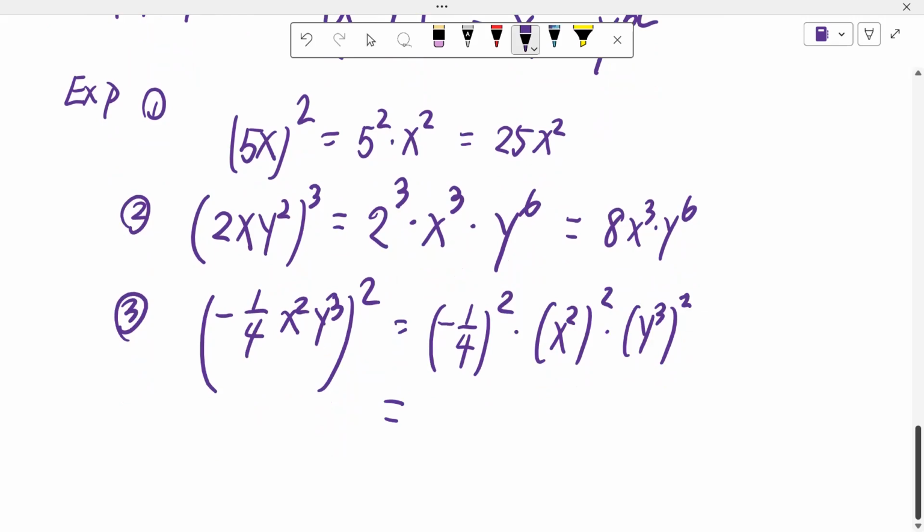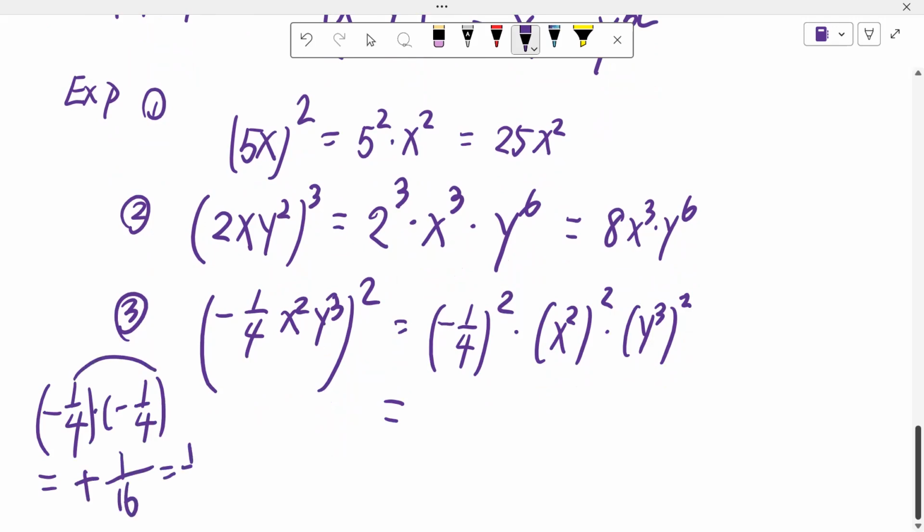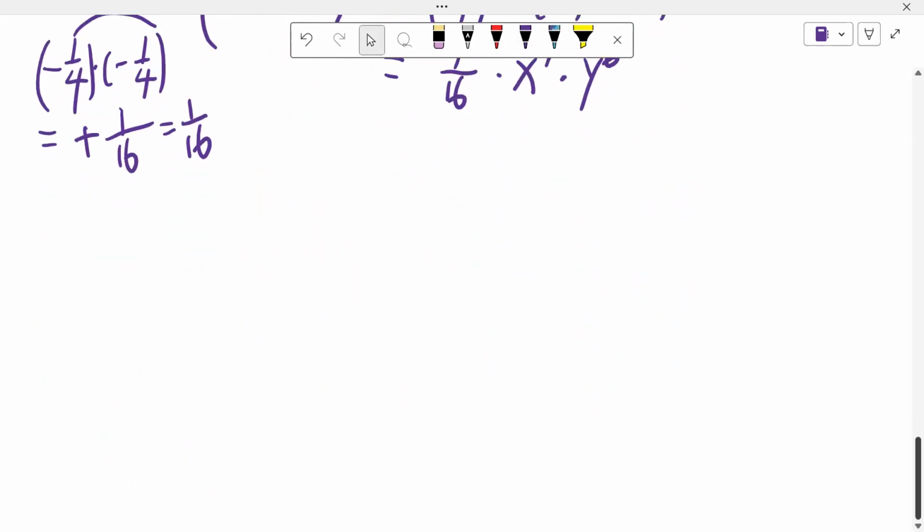And from there, we get negative quarter squared. We know negative times negative is positive. 1 times 1 is 1, 4 times 4 is 16. So the answer is 1 over 16. The rest of them, 2 times 2 becomes 4, 3 times 2 becomes 6. And so we have 1 over 16 x to the 4 y to the 6.